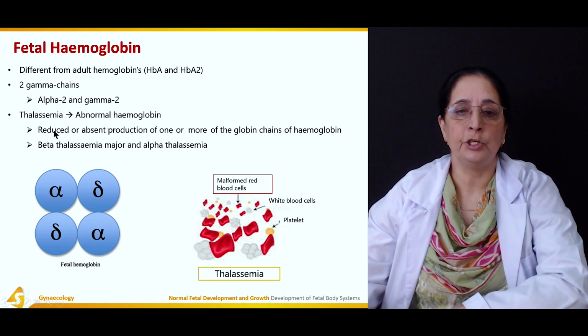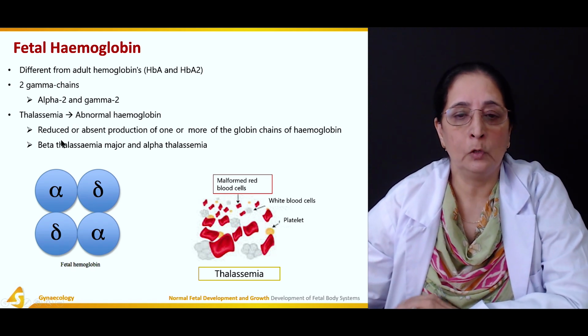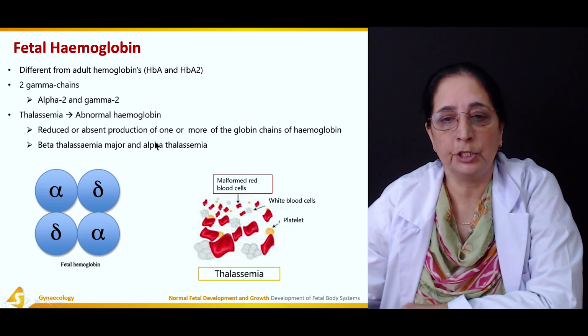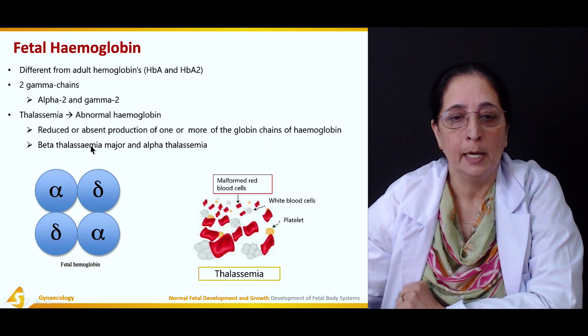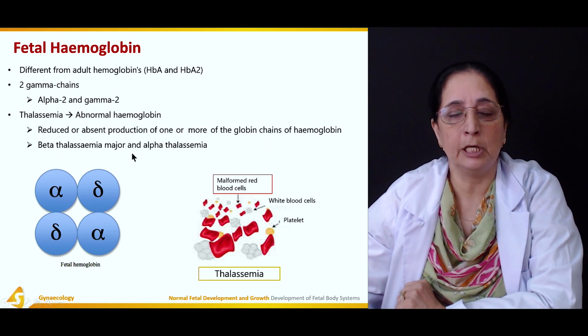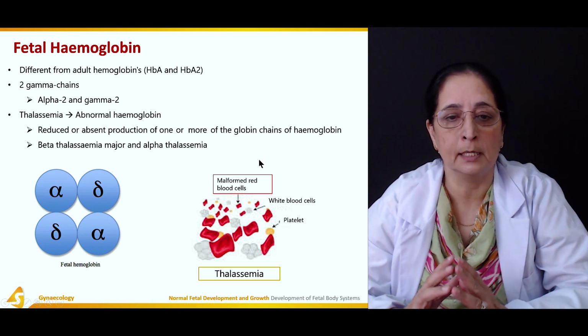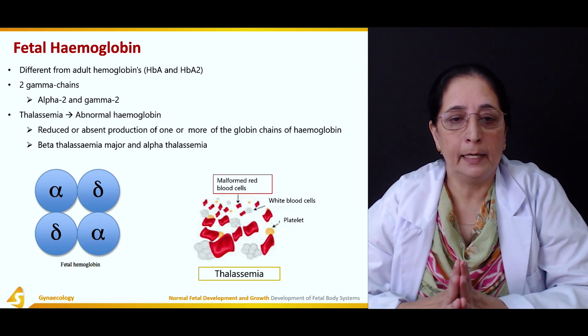Thalassemia is a condition in which there is abnormal hemoglobin present, with reduced or absent production of one or more of the globin chains of hemoglobin: beta thalassemia and alpha thalassemia. Two types are present, thalassemia major and minor.